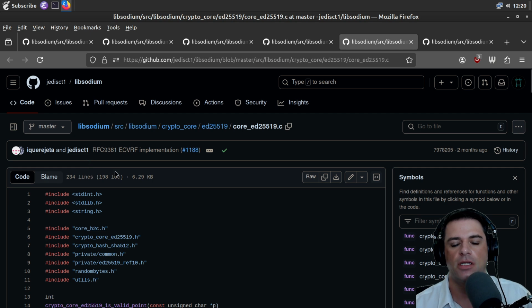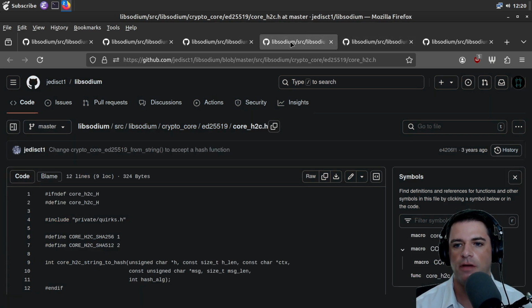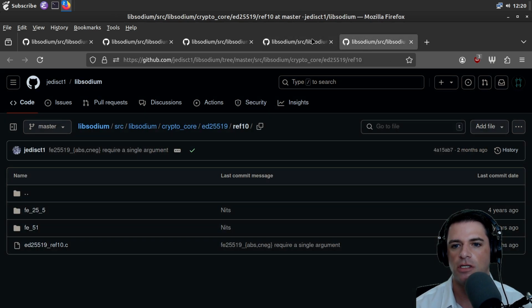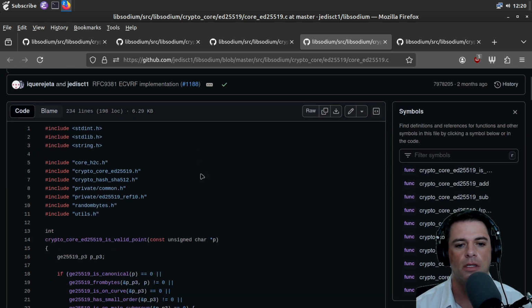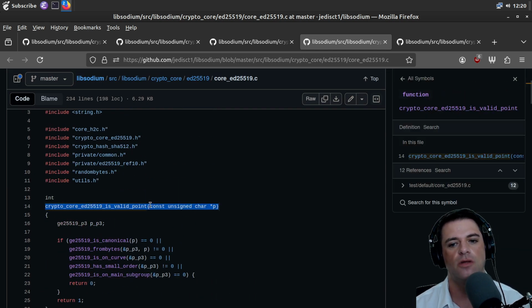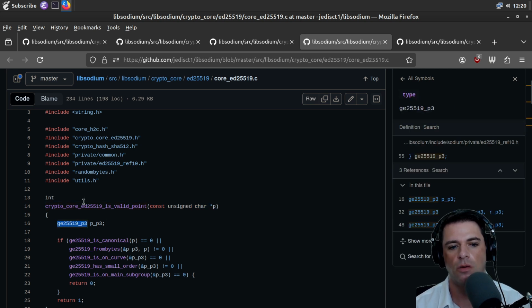Okay, but let's look at the curve itself. I don't know if I didn't open a header for the curve. Is it just the C file? Okay, so we have this function that will tell us whether an unsigned char is a valid point on the curve. So we've got this GE25519P3.